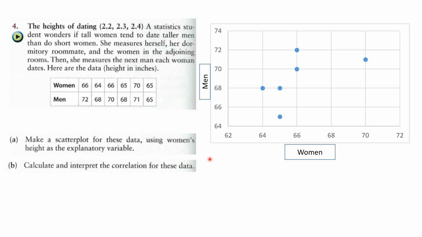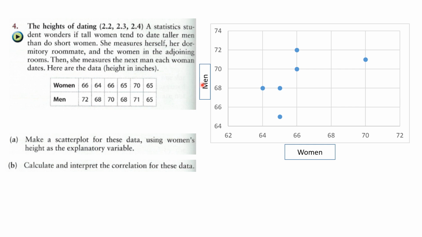Okay, so here's that scatter plot. Remember, women goes on the x-axis because they are the explanatory variable, and the explanatory variable goes on the x-axis. Do note that it's a little bit weird to call the height of women the explanatory variable, because it's not really having a major effect on the height of men.